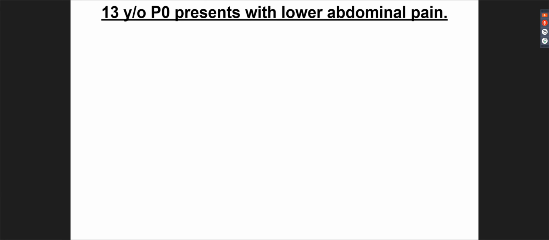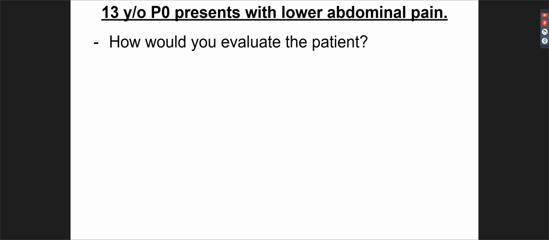A 13-year-old para 0 presents with lower abdominal pain. How would you evaluate the patient? For a 13-year-old with lower abdominal pain, I will start by finding out the onset of the pain, what makes it worse, and what makes it better.